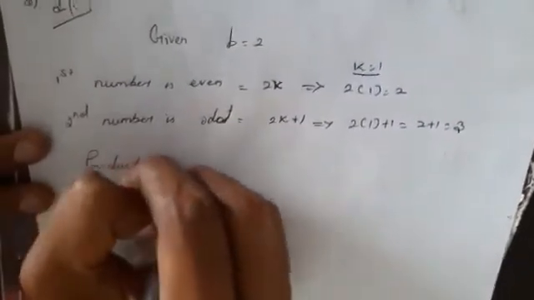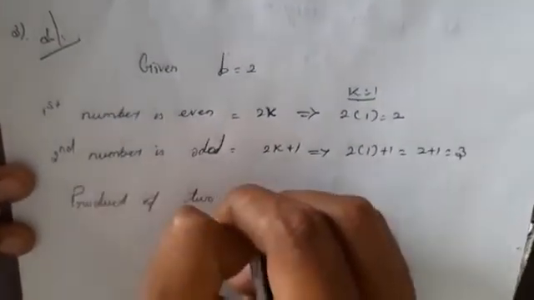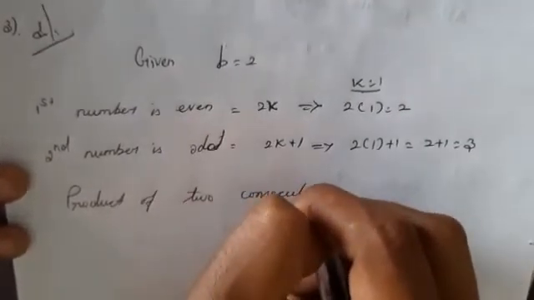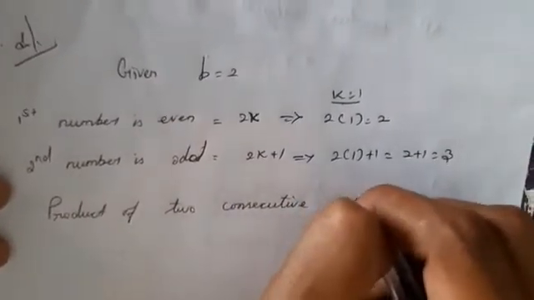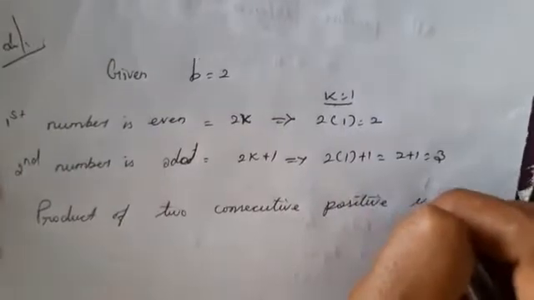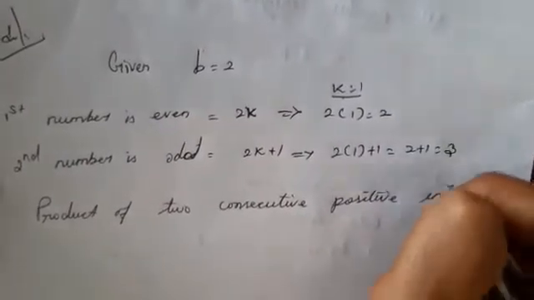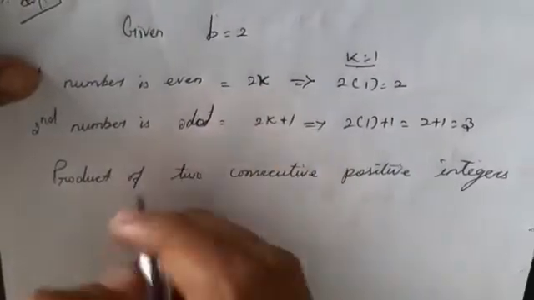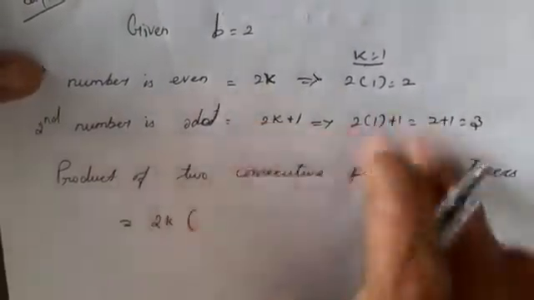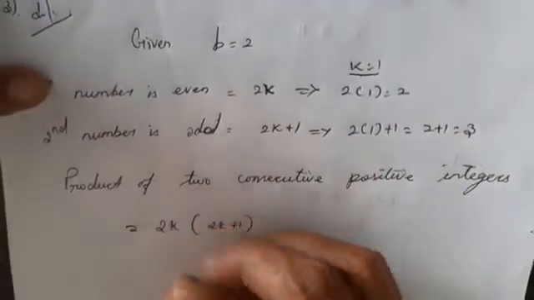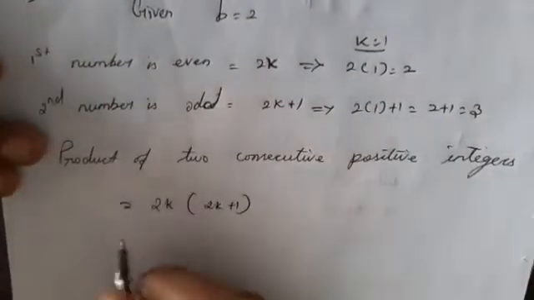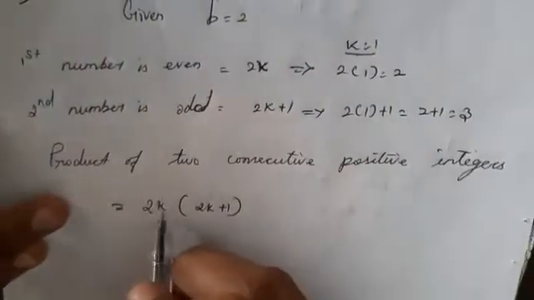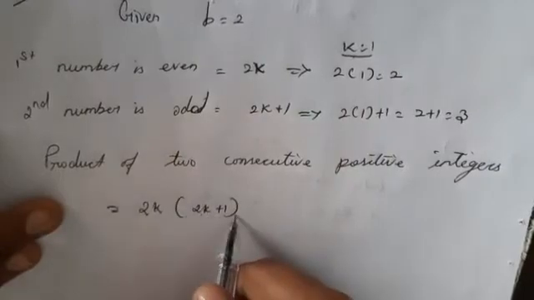Product of two consecutive positive integers is equal to, even number is 2 into k, odd number is 2k plus 1. First you check 2 into k into 2k plus 1.